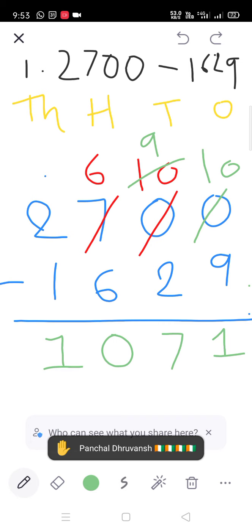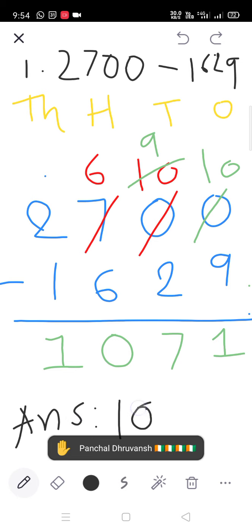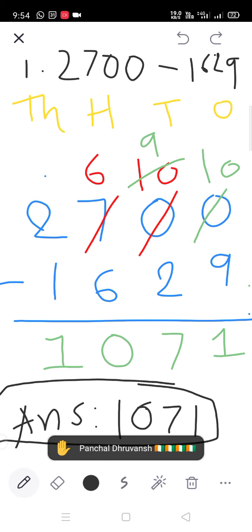So your answer is 1071. Okay, student, write down this thing in your notebook.